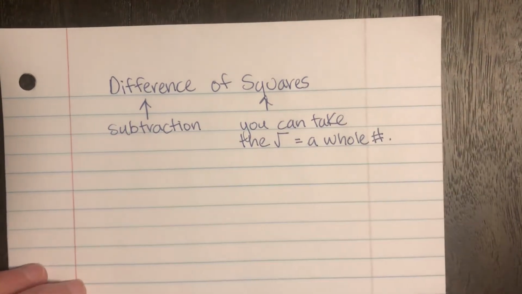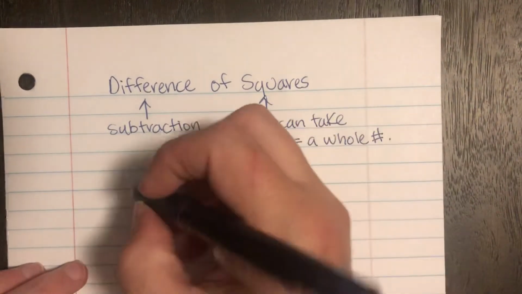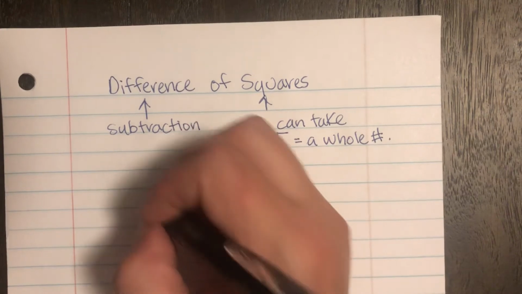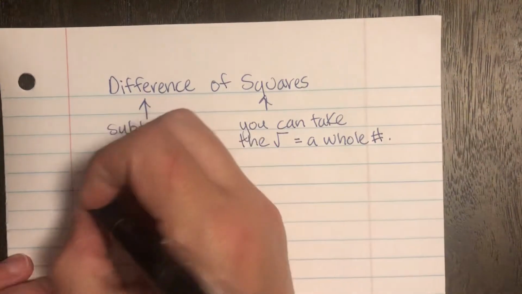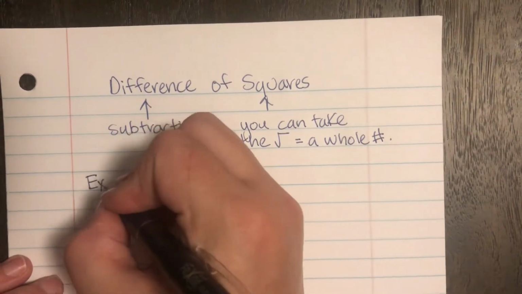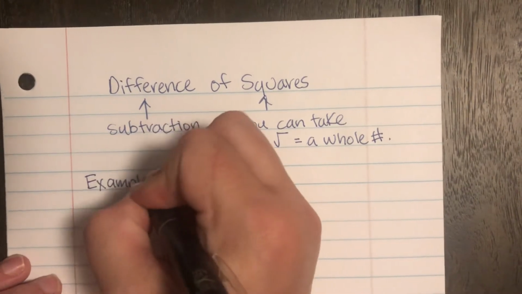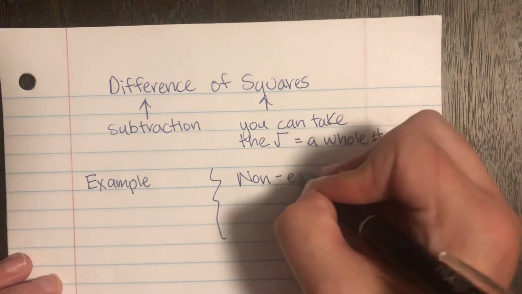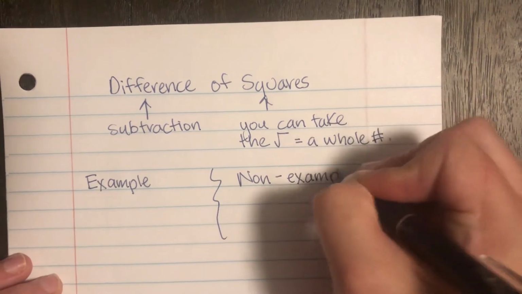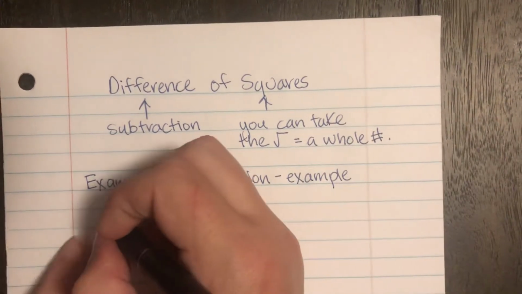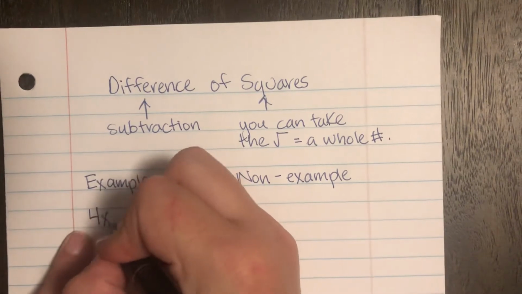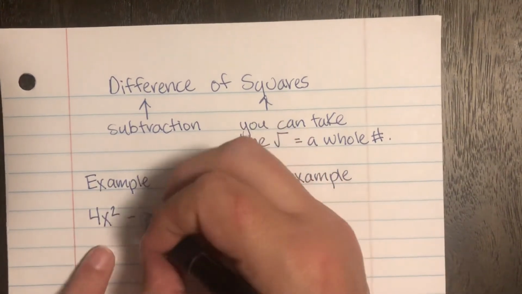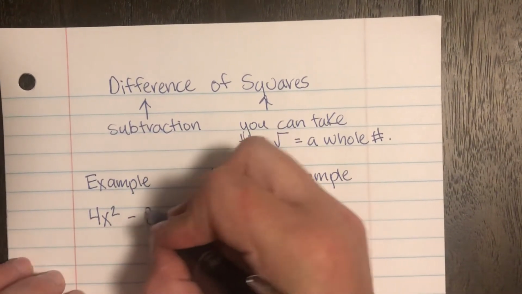Okay, so if we're talking about a difference of squares problem, let me give you an example of one that is and then one that isn't. An example and then a non-example is what I like to call these. The first one that we're going to do is 4x squared minus 81.